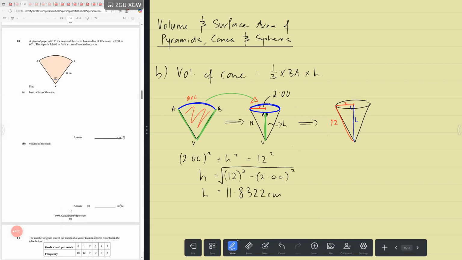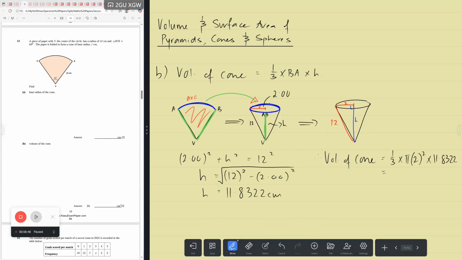In 4 decimal places. So to find the volume of the cone, the volume equals 1/3 times base area. The base area of the cone is a circle, so it's pi times 2 squared, times the height, which is 11.8322.